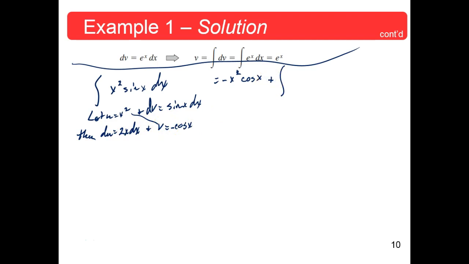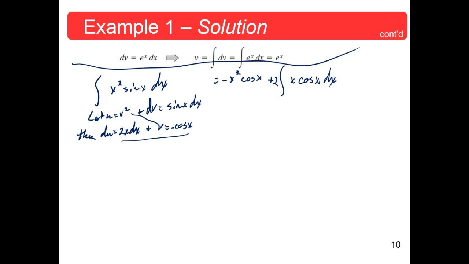And I'm going to pull the 2 on the outside too. There's no reason to haul that inside. Then it's going to be x cosine x dx.